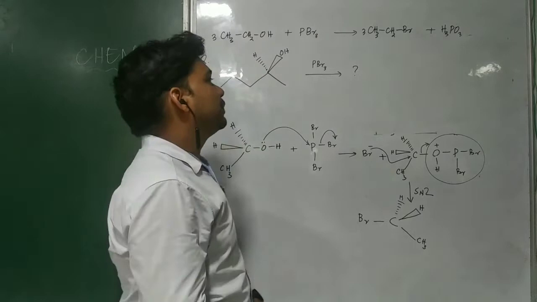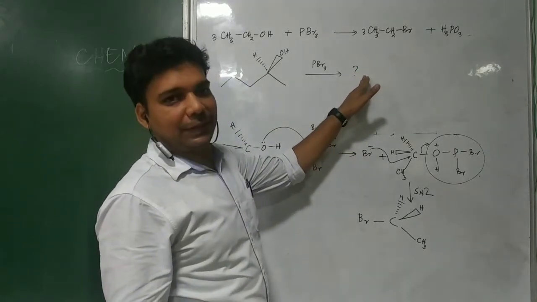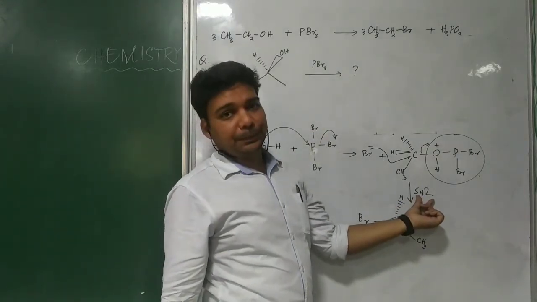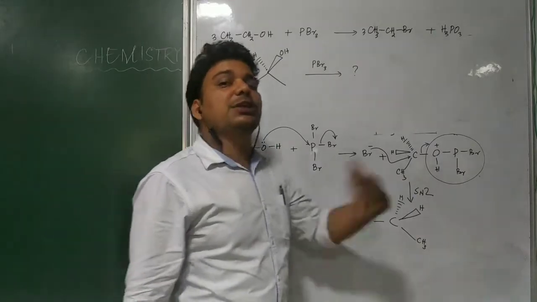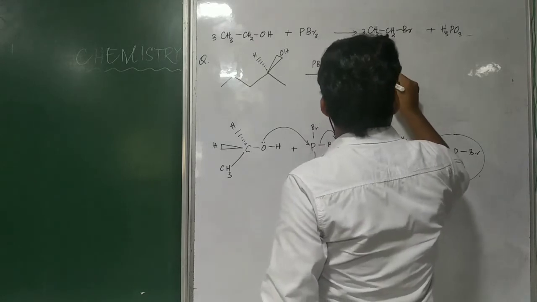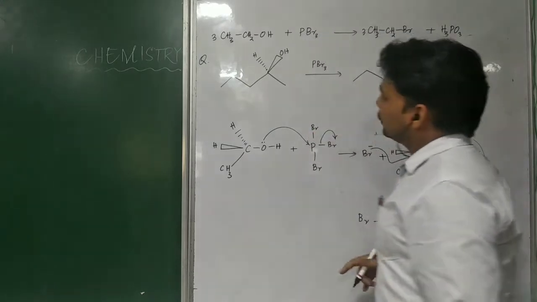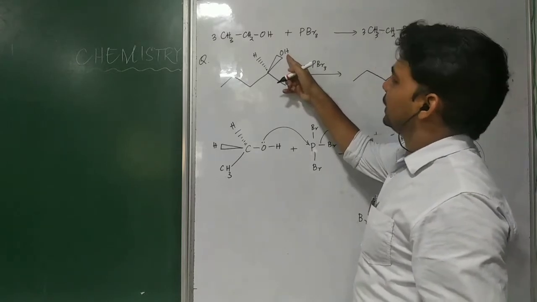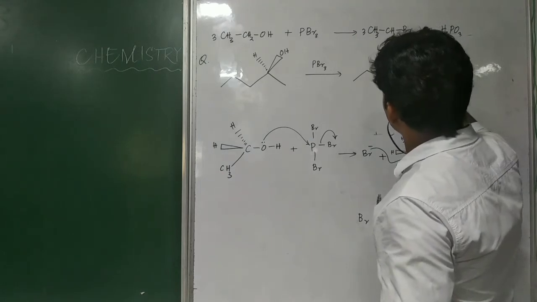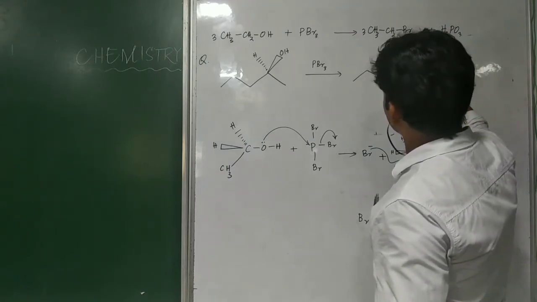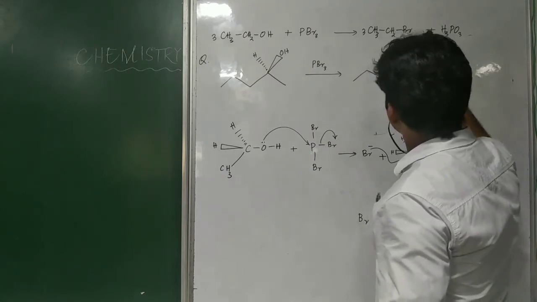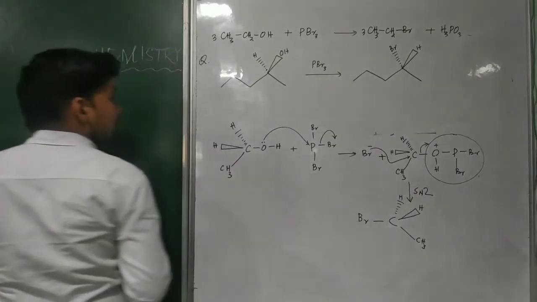But we need to specify the stereochemistry of the resulting product here. As I told you, this reaction occurs through the SN2 mechanism, so inversion in configuration occurs. Taking into consideration the inversion, the bromine to be placed in the place of OH will be oriented on the opposite side, and the hydrogen atom will be oriented in the opposite way.